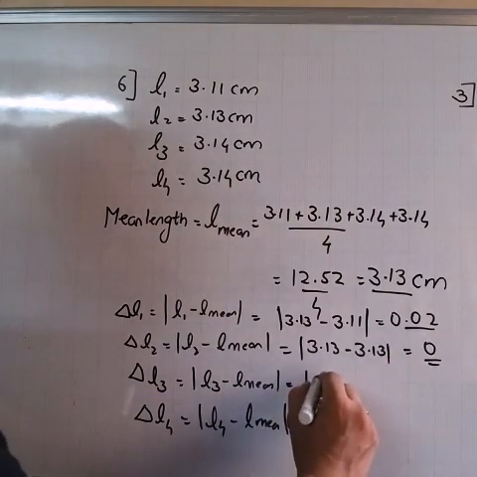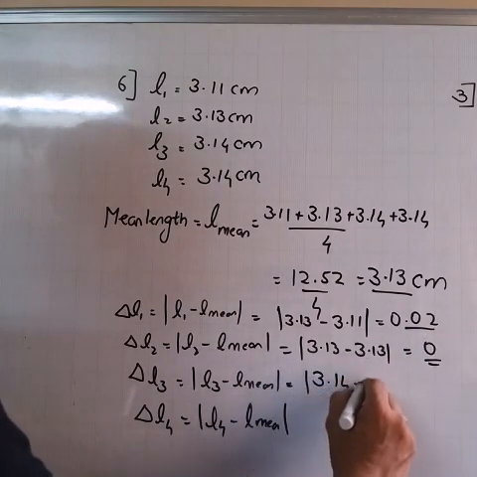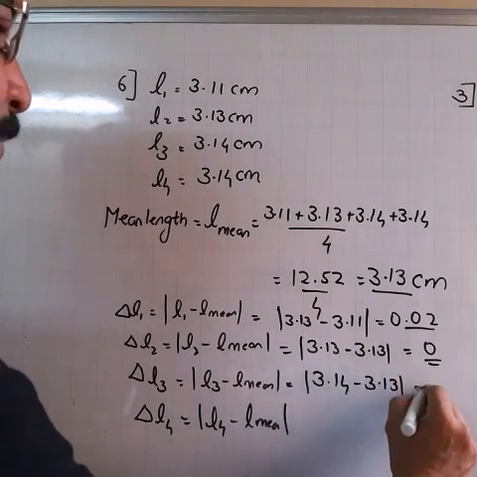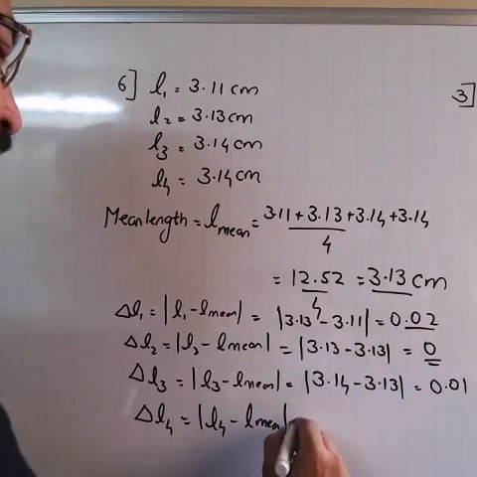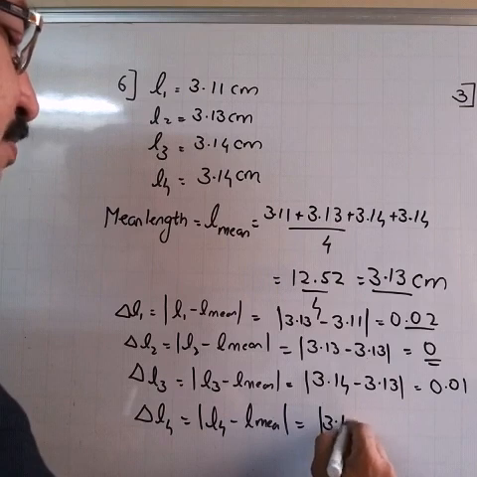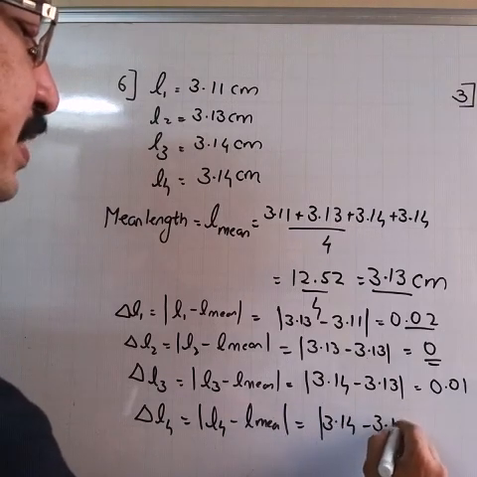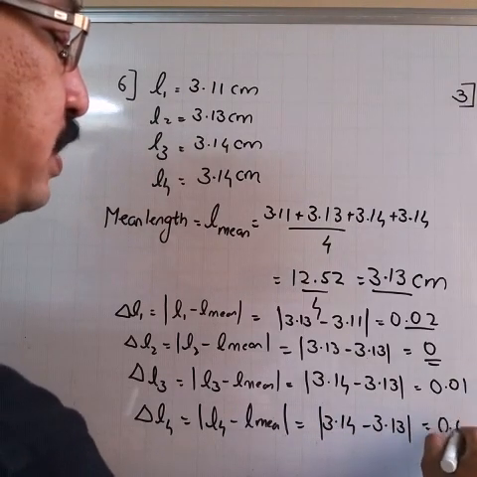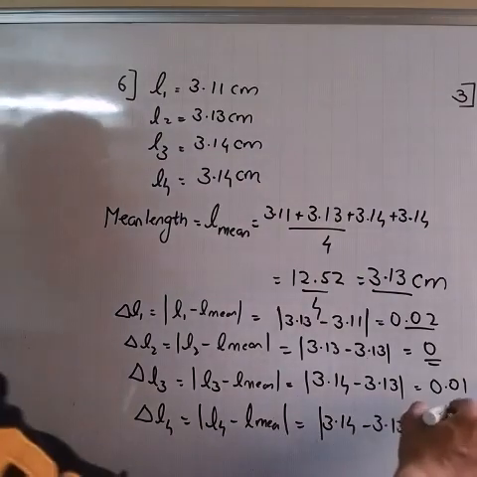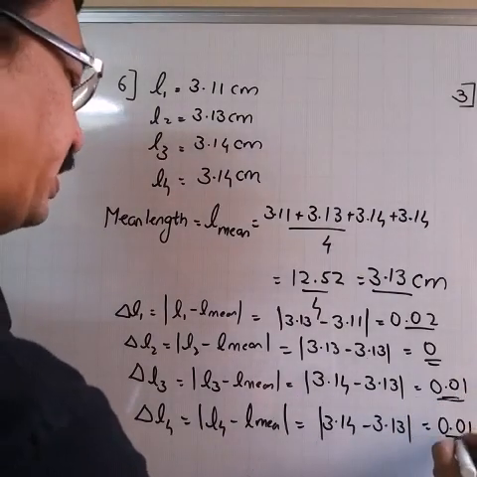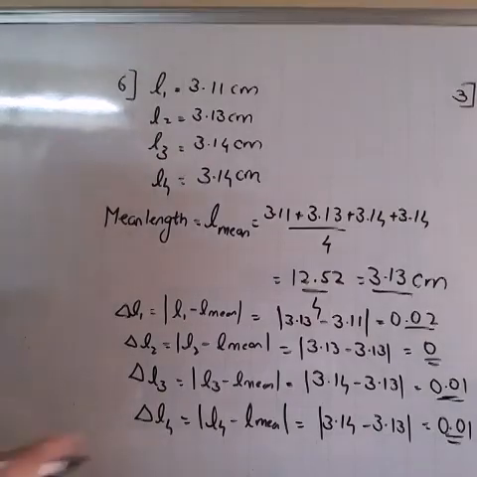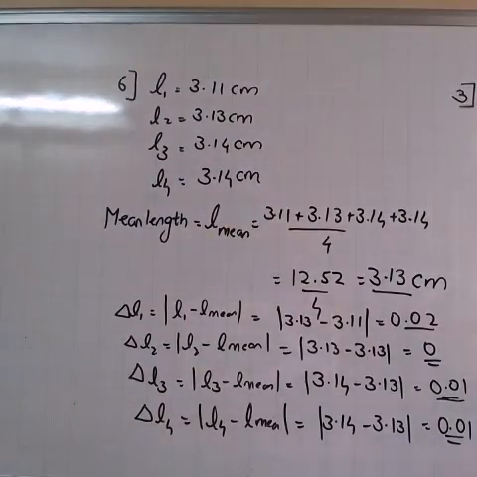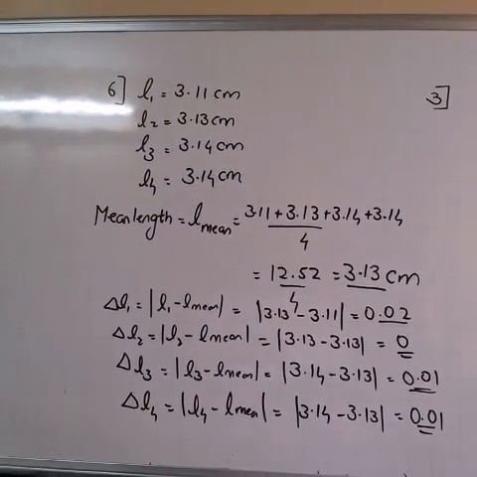In the third case, 3.14 minus 3.13 is 0.01. And in the last case, again 3.14 minus 3.13 is 0.01. So all four values of delta L are found.